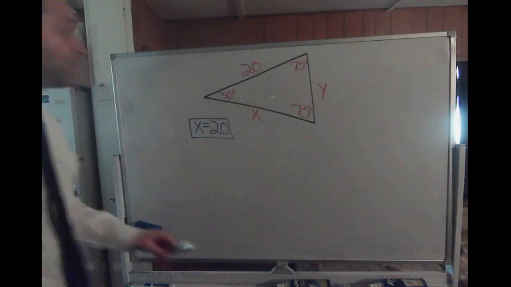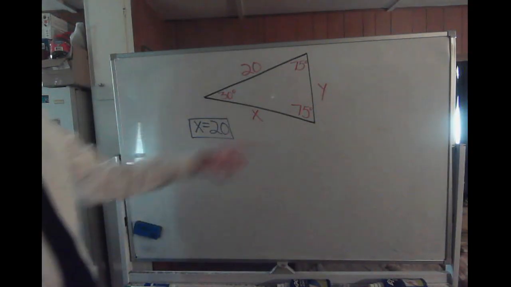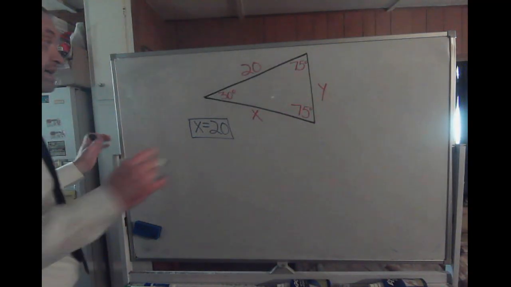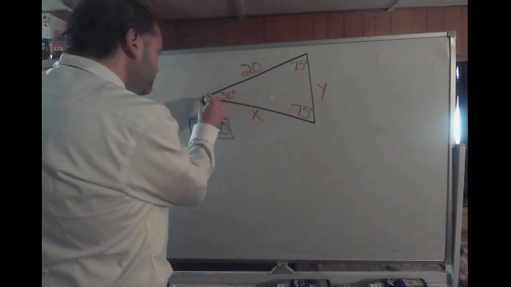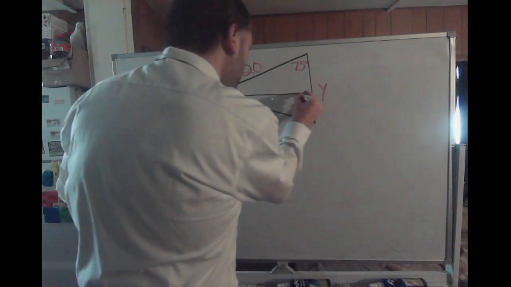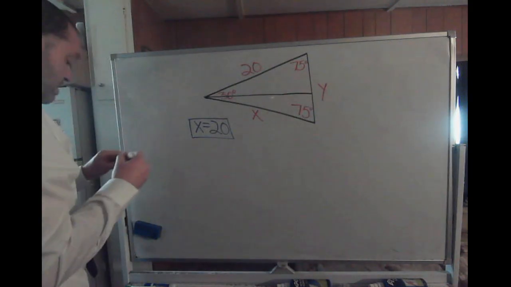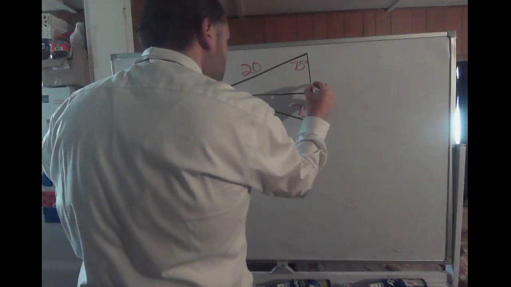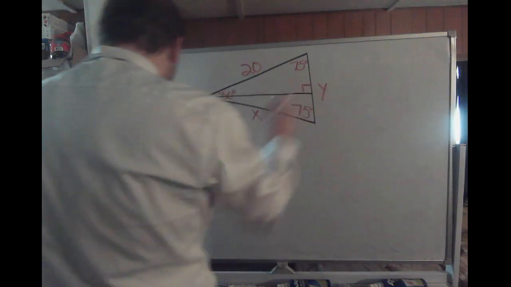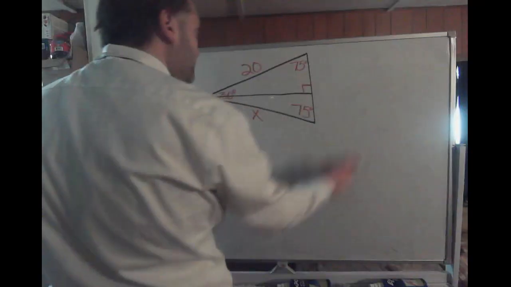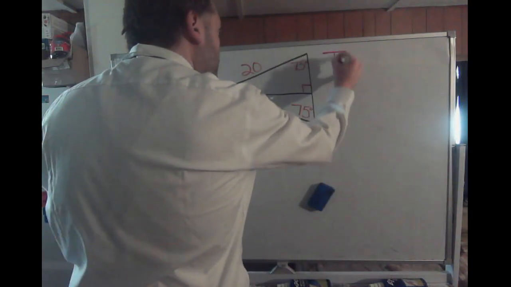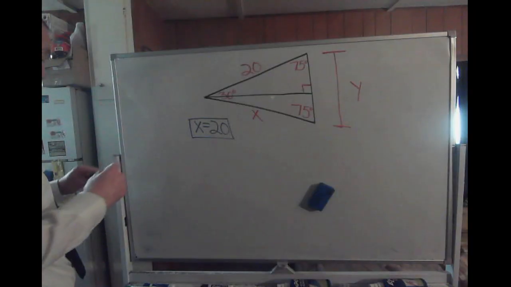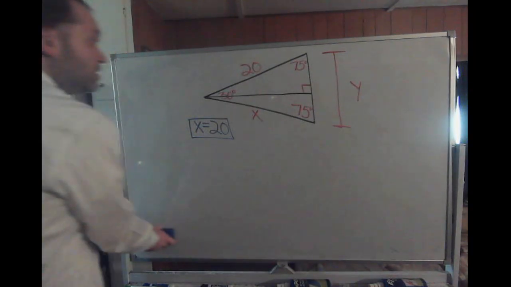So once you've established your angles, you can go ahead and draw an auxiliary line to form two right triangles, which will probably go this way, since we're working sideways. I think it's important to preface this that the length of this whole side is Y. Right?